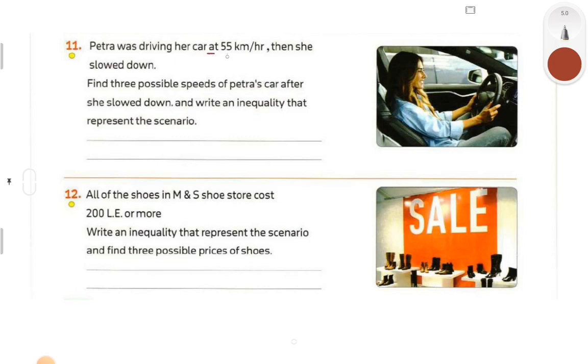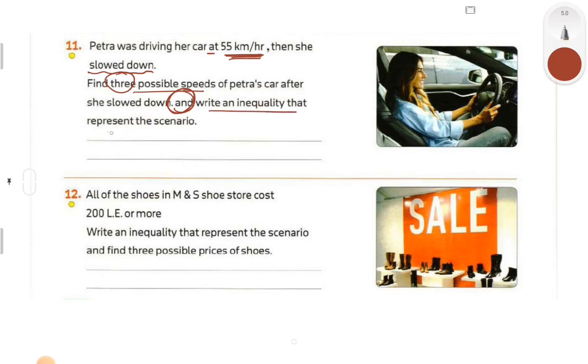At 55 kilometers per hour. Then she slowed down her speed. Find 3 possible speeds of Petra's car after she slowed down, and write an inequality. So now we have the second part.